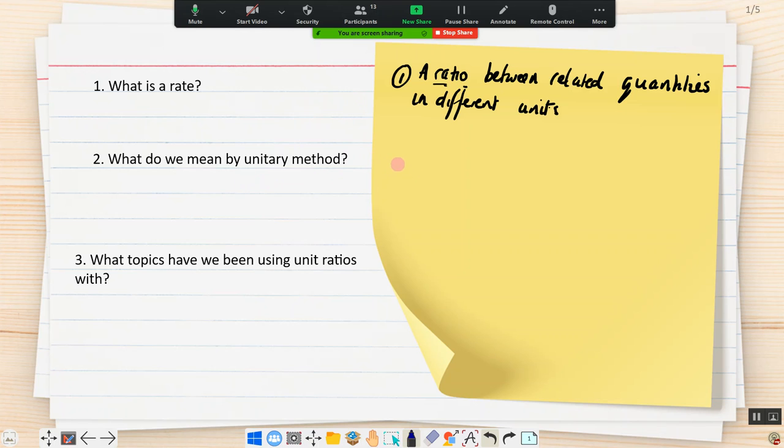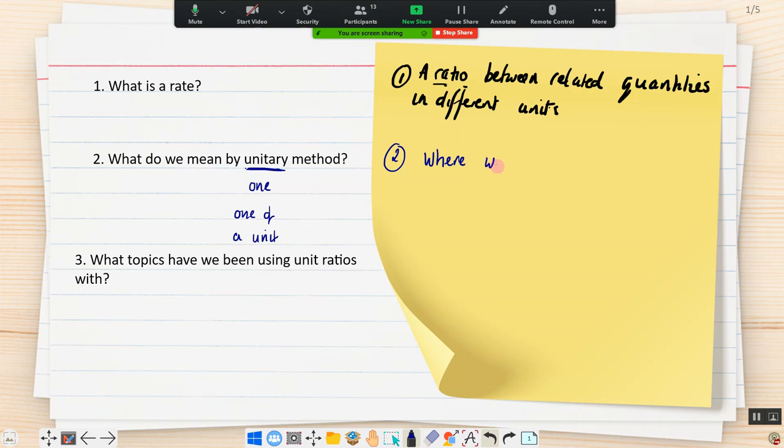What do we mean by unitary method? So Sienna gave us a good start with unitary. What do we mean by unitary? One. So we can consider we're talking about one, or one of, or a unit. So what do you think the unitary method was? That might be a bit more difficult.